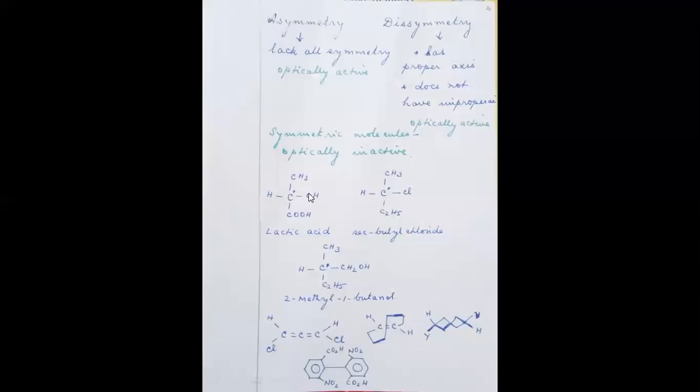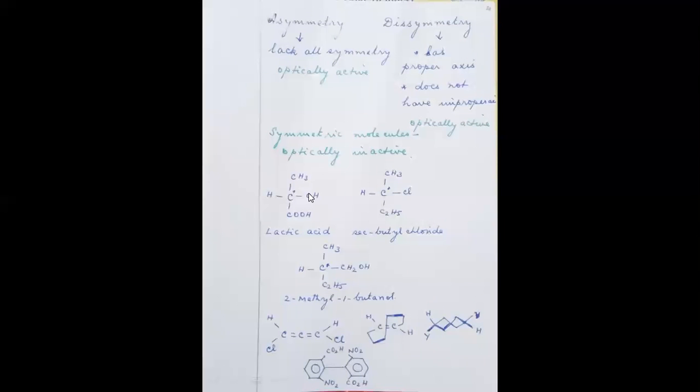So, molecules having asymmetry and dissymmetry are optically active, but molecules having symmetry are optically inactive. In order to explain the asymmetry, two compounds are written here. One is called lactic acid, and the other one is called secondary butyl chloride. What is this secondary butyl chloride?